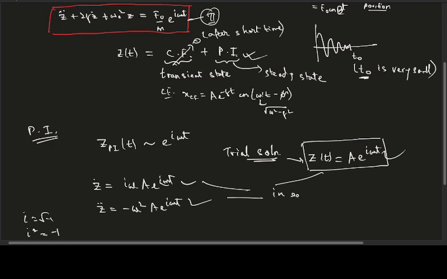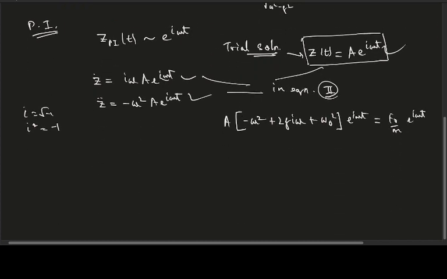When you put those in equation 2, what we are left with is a common factor: minus omega square plus 2 gamma i omega plus omega naught square, times A e to the power i omega t, is equal to F naught by m e to the power i omega t.